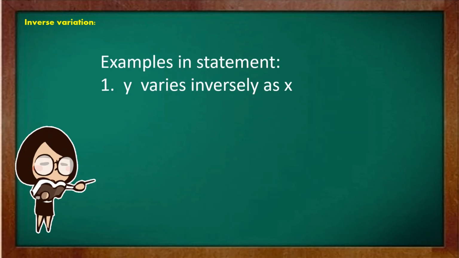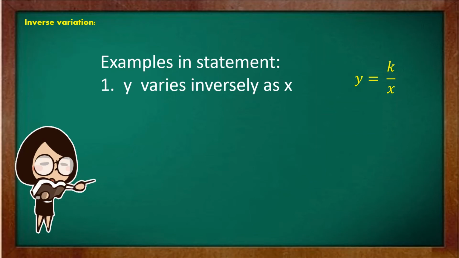Okay, our example of a statement in inverse variation, number 1: y varies inversely as x. How can we write the equation of variation? We write this as y is equal to k over x. When we say inverse, we have over.